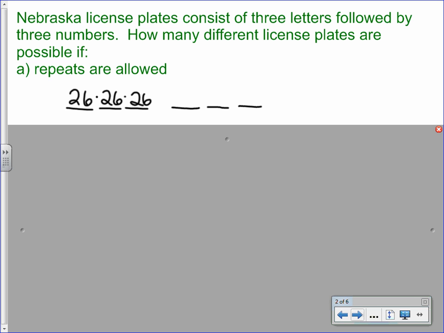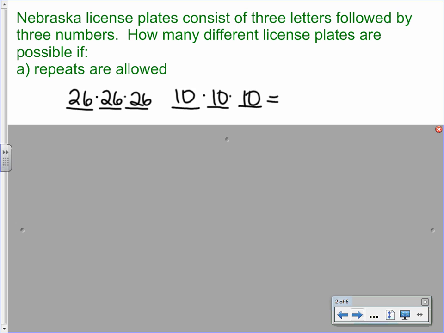Followed by 3 numbers. How many digits do we have to choose from? 10: 0, 1, 2, 3, 4, 5, 6, 7, 8, 9. So I have 10 choices for each number. So there are my choices for each spot. We're just going to multiply those together.